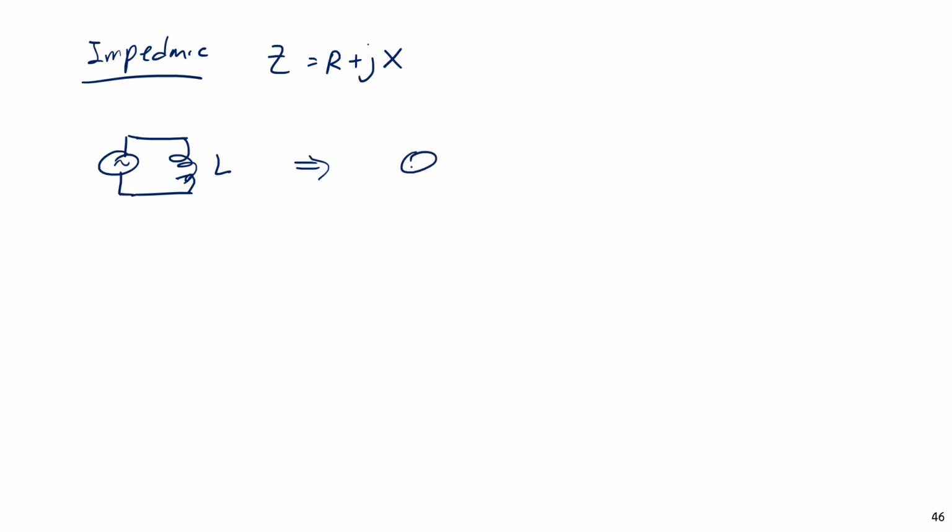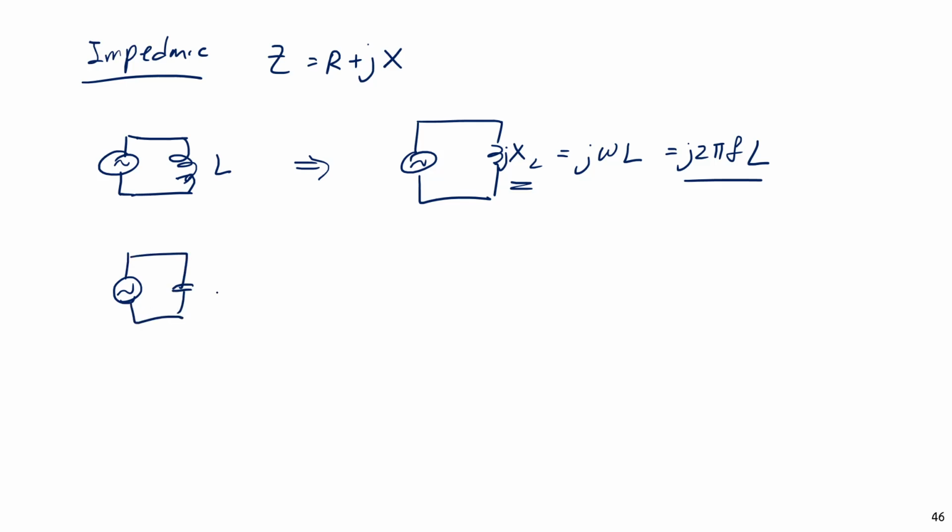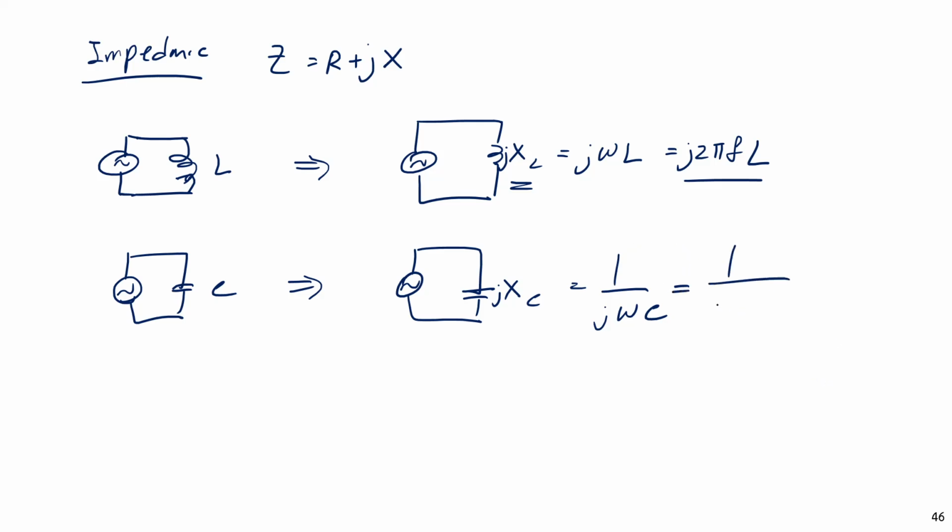We can represent the inductance as jXL, which is j omega L, or j 2 pi f L. And for the capacitance, jXC is 1 by j omega C, or 1 by 2 pi f C.